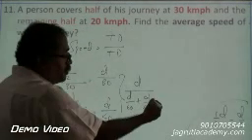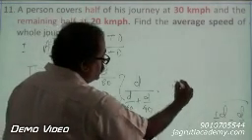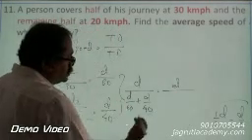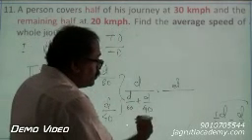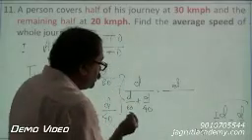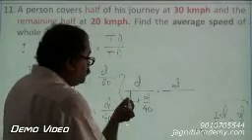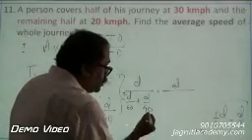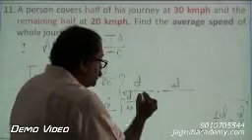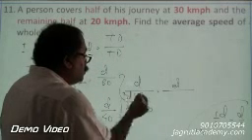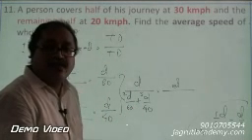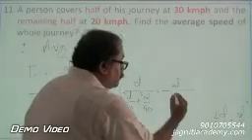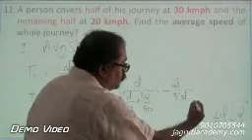When I take the LCM of this, I get d by, the LCM is 120. 120 divided by 60, 2 times, it becomes 2d, and 120 divided by 40, I get 3, it becomes 3d. So 2d plus 3d, it's 5d, so 5d by 120.